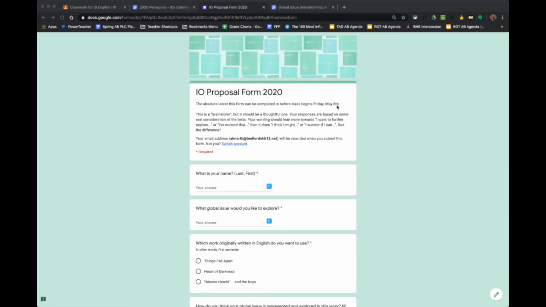So your responses should be based on that real consideration, the fact that you looked at work from this year before deciding what two texts you will be looking at. In your wording here, I'm going to want to lean more towards I want to further explore, or I've noticed that, than leaning towards I think I might, or I wonder if I can, or I was hoping I could. I hope you see the difference there.